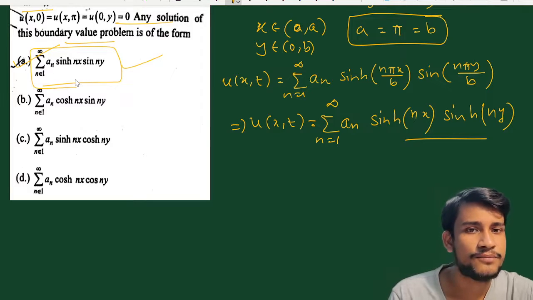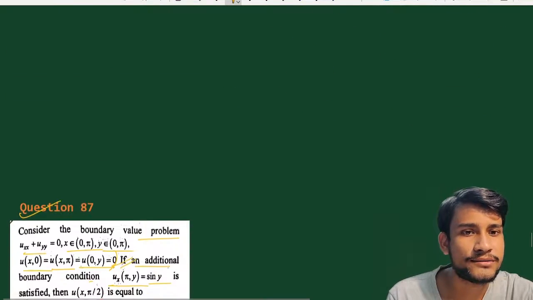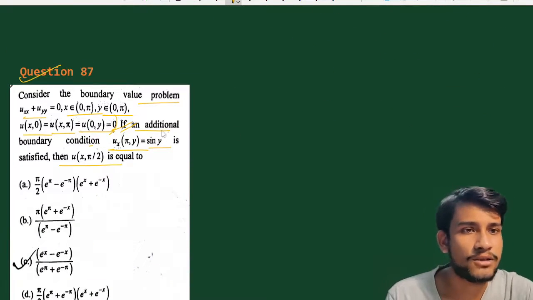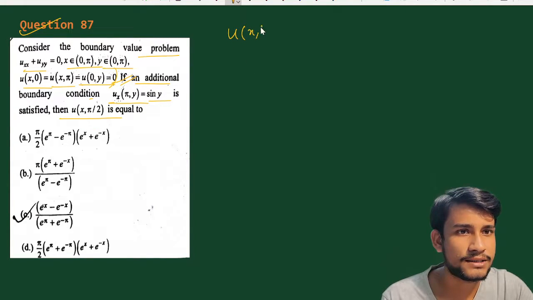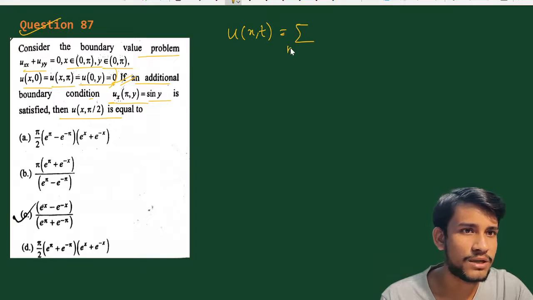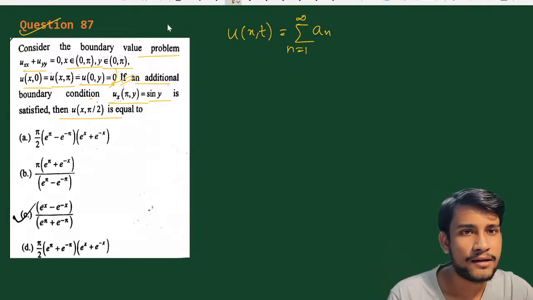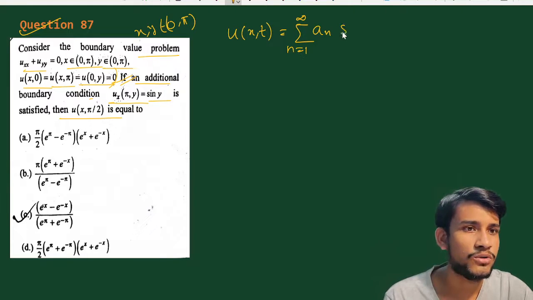ठीक है, देखो just we write here the solution of the above problem in the same interval. So u xy is equal to summation n equal to 1 to infinity a n in the interval 0 pi, x y belongs to 0 pi. Okay, so this is equal to a n sine hyperbolic nx into sine n y.